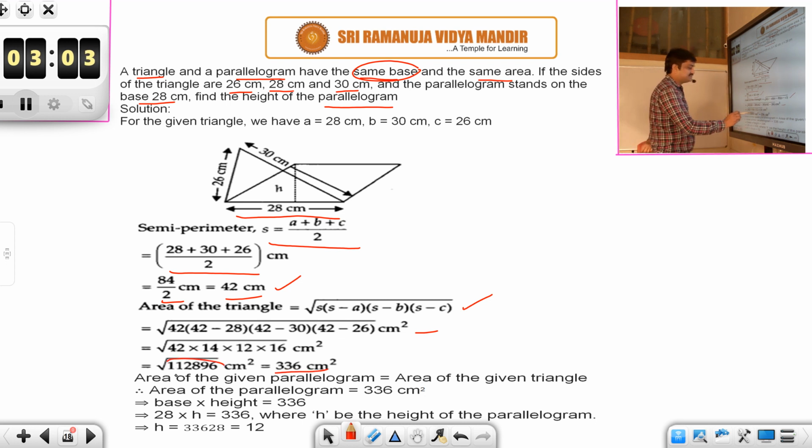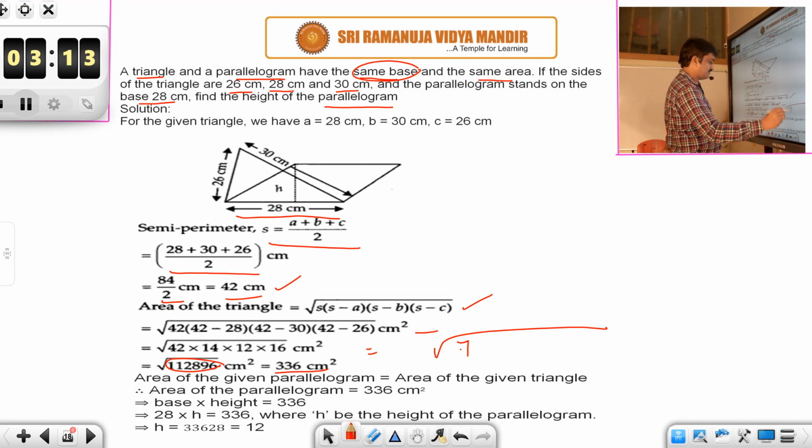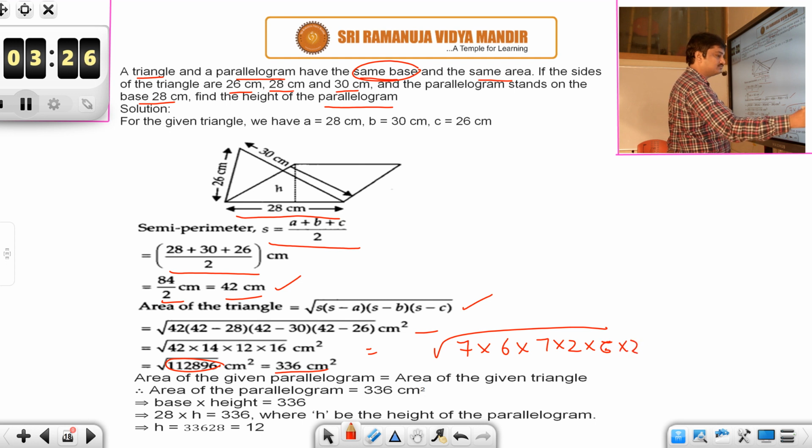So don't multiply in this manner. What you will do is write the square root of 42 into 14 into 12 into 16. 42 you could write as 7 into 6, and 14 you could write as 7 into 2. 12 you could write as 6 into 2, and 16 is anyway 4 square.